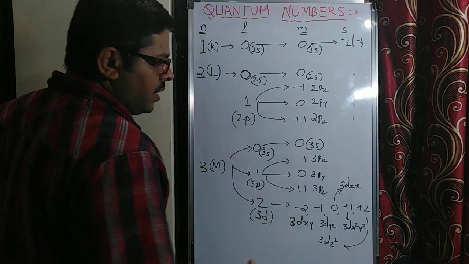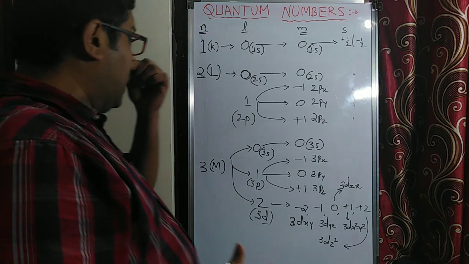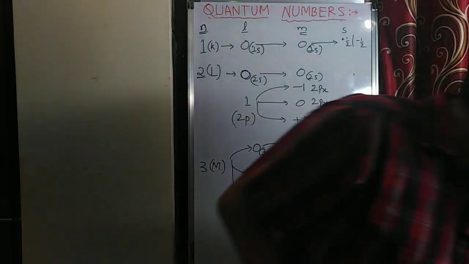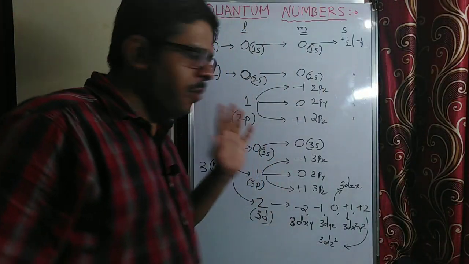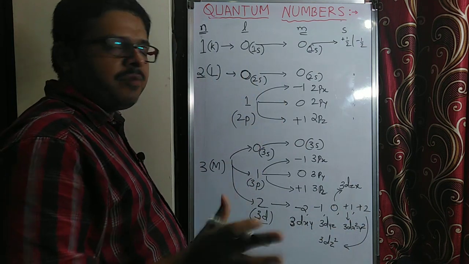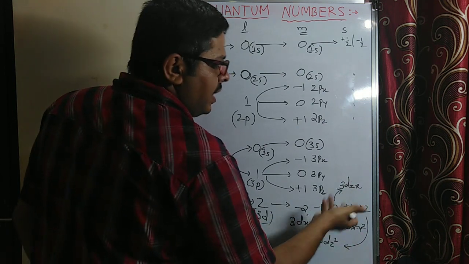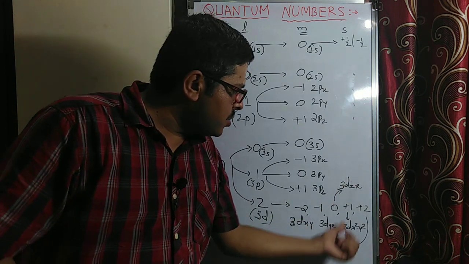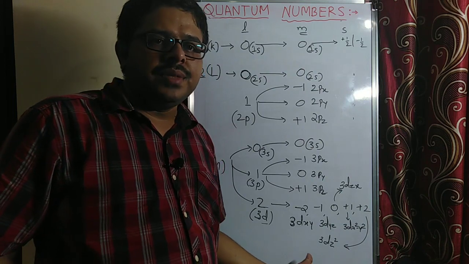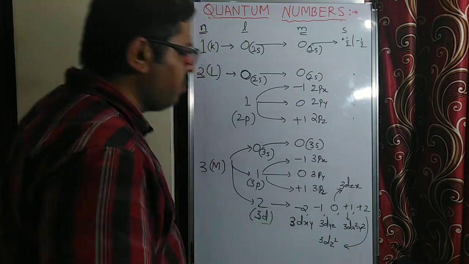Now, these are the brief summary of quantum numbers. A very important point I will tell you: these values are not fixed. For our convenience, I have taken 0 as 3d zx. It may be 3d yz also 0, or z square also 0, like that. For the CET point of view, don't worry about that.